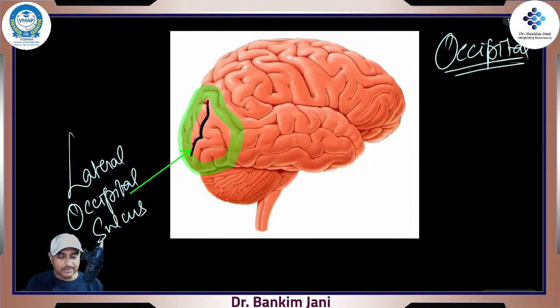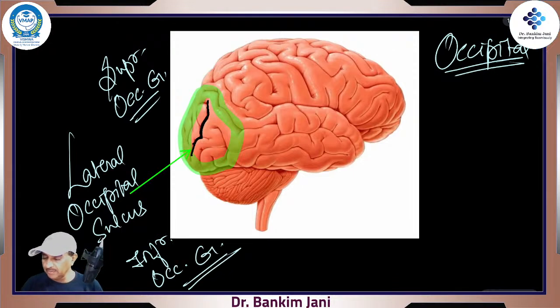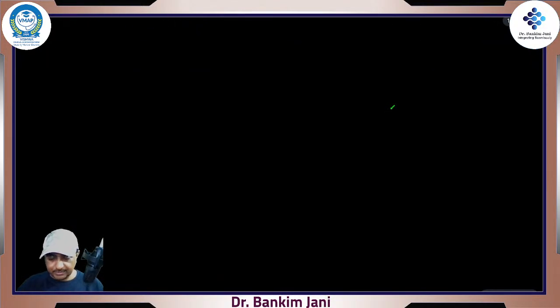It just divides this whole thing into the superior occipital gyrus and the inferior occipital gyrus, right? So that one would be over here, and this one would be over here, right? Done. That's how it is divided.